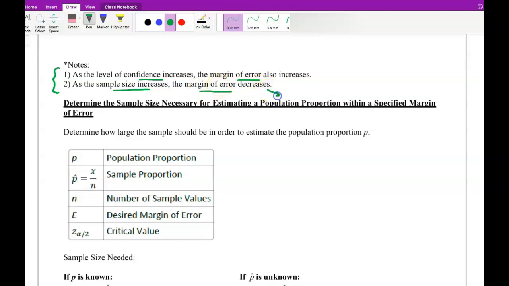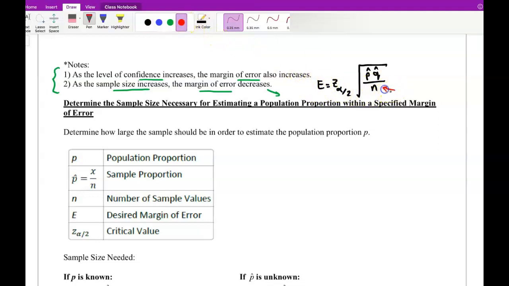So why do we have that one? I'm writing what we have for error here again. So error was equal to critical value times square root of P hat Q hat divided by N. See here, since N is in the denominator, if the sample size increases, then this error will decrease.